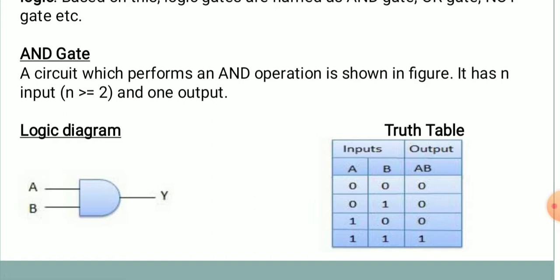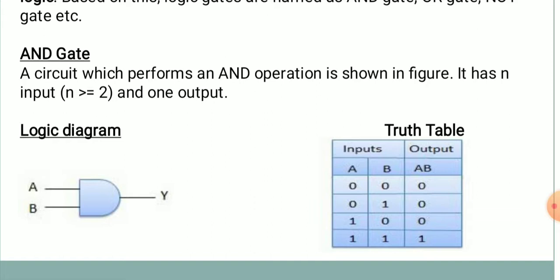If the values of both A and B are 0, the output AB will also be 0. And if A is 0 and B is 1, again the output is 0. If A is 1 and B is 0, the output will be 0.